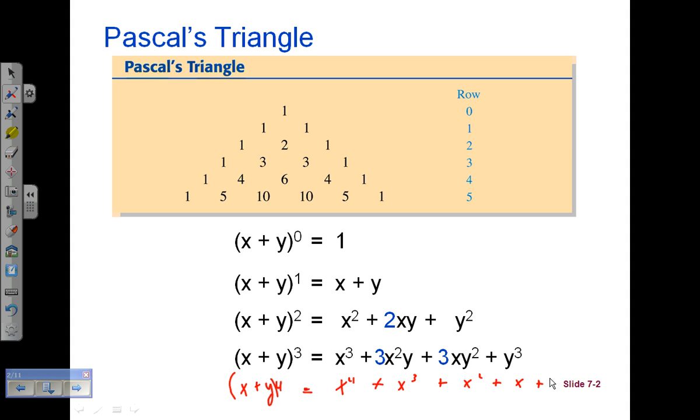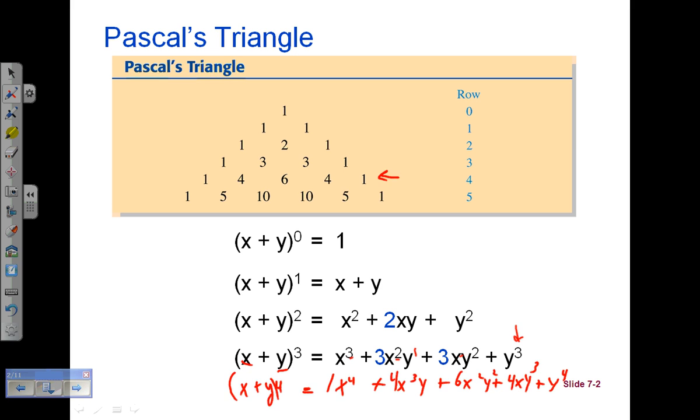And coming back the other way, I do y to the 4th, y cubed, y squared, y to the 1st. And I wouldn't pay anything for y to the 0 because it's just going to be 1. And then I get my coefficients from Pascal's triangle. So I have a 1, a 4, a 6, a 4, a 1. So that works for that one. It's pretty easy. It's not too difficult to expand it out. Like I said, it's nice because you have x and y to the single power, so that's not a big deal.